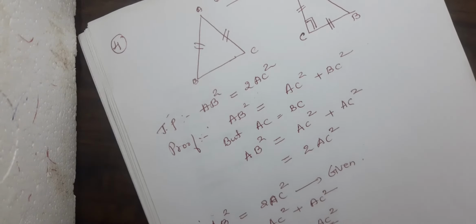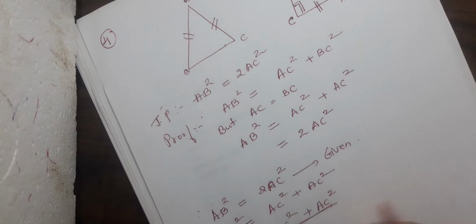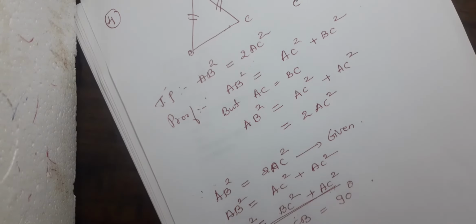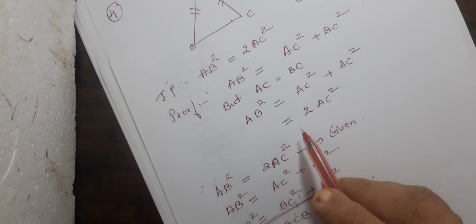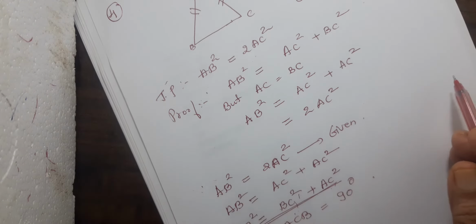So AB squared is equal to BC squared plus AC squared. Therefore, angle ACB is equal to 90 degrees, because the angle contained by the other two sides will be 90 degrees. Because it follows the Pythagoras property, this should happen according to the converse of Pythagoras theorem.